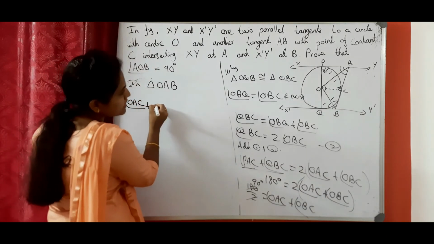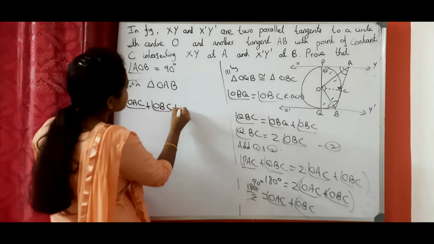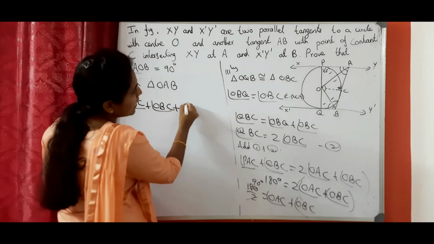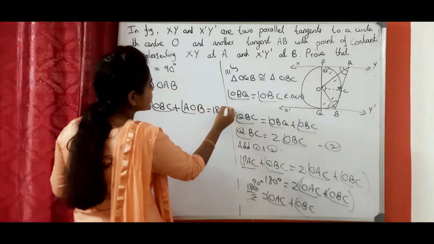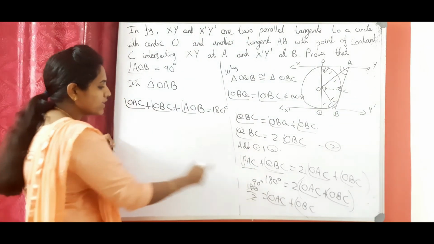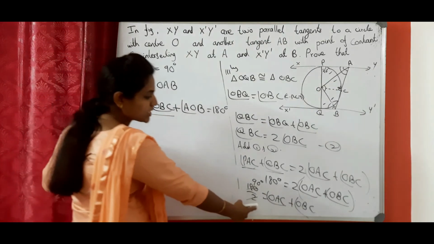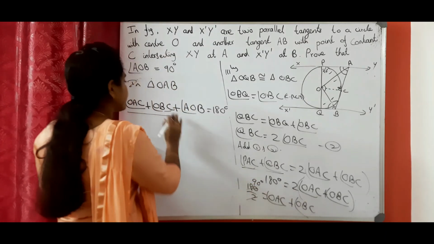OAC plus OBC plus AOB equals 180 degrees. Just now we proved these two angles equal 90 degrees, right? OAC plus OBC equals 90 degrees.